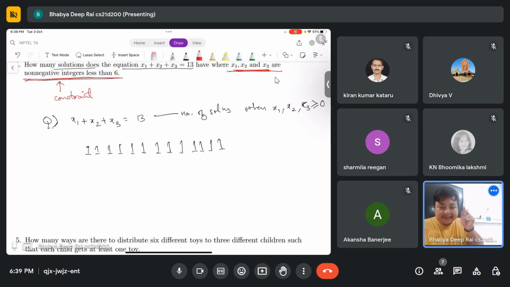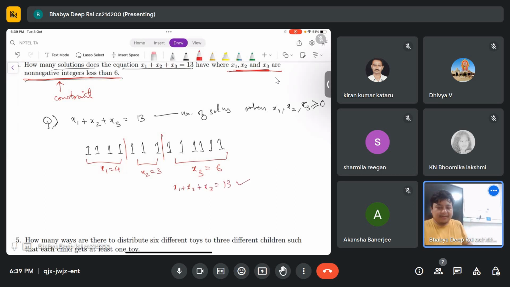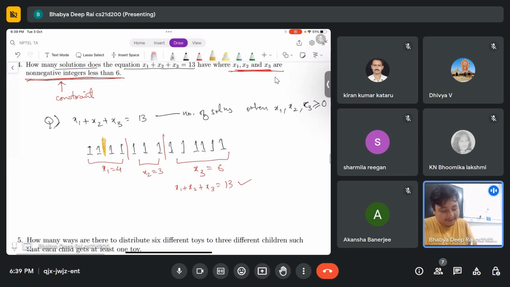Now I take sticks and separate them like this, and I can already see that this means x1 is equal to 4, x2 is equal to 3, x3 equals 6, and x1 plus x2 plus x3 equals 13. This is one way to partition it. Another way to partition it would be taking two sticks like this and separating the stones. In any case, they will add up to 13, which means they will satisfy this particular equation.